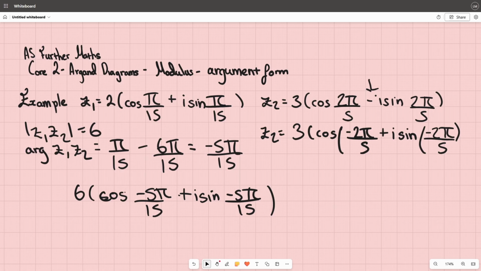And then finally, you can turn this into the form x plus iy by putting it in the calculator. So when you put this form into the calculator, it will give you the form x plus iy. And so when you do that, you get the answer 3 minus 3 root 3 i, and that is it in the form x plus iy.